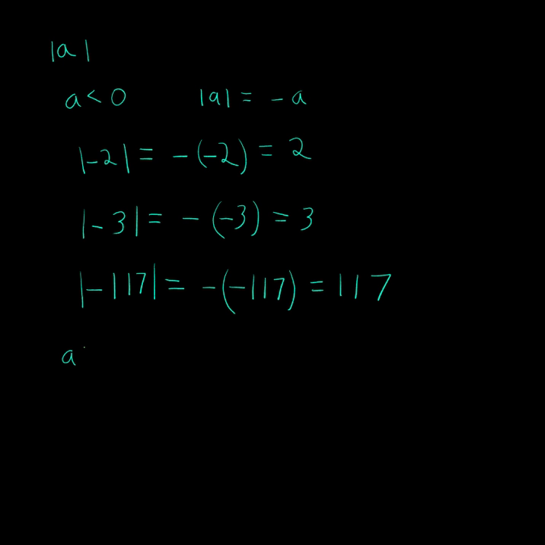What about when a is greater than or equal to 0? For those cases, the absolute value of a equals just a. So the absolute value of 0 is 0. The absolute value of 5 is 5.